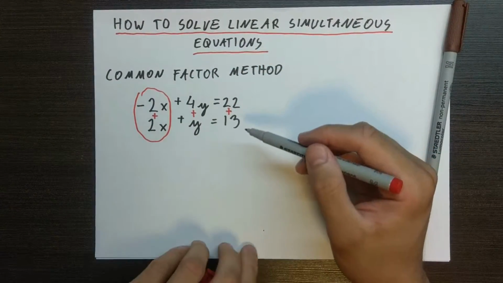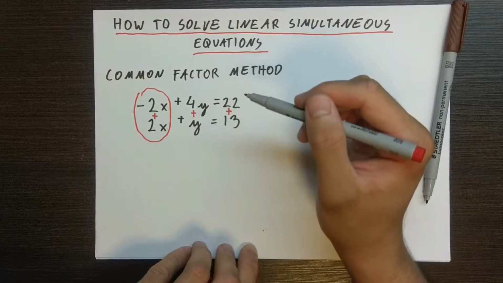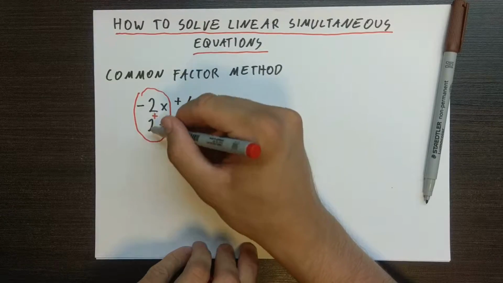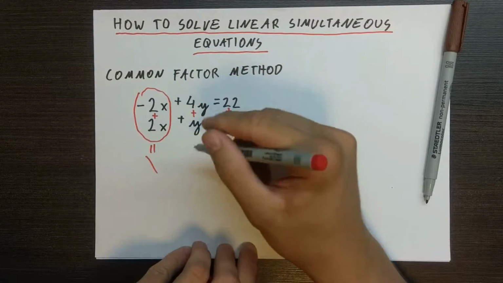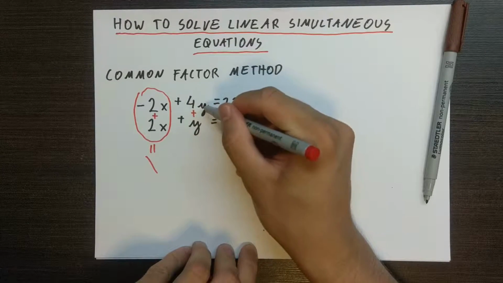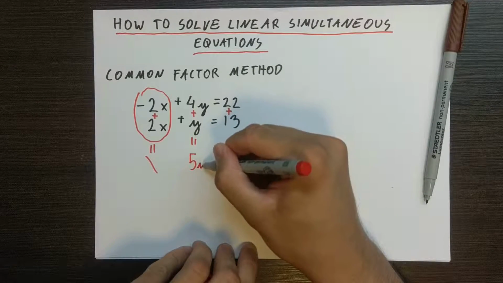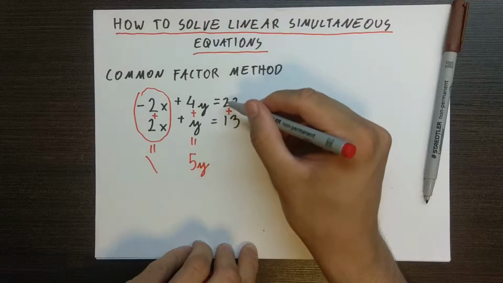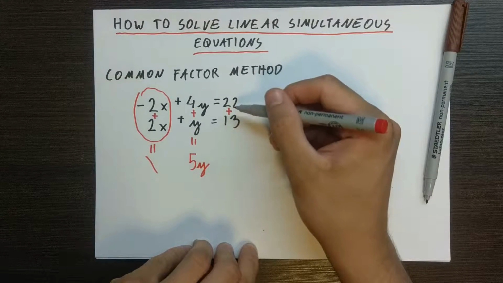Okay. So, if we add these together, we'll get one big super equation. So here we have 0, nothing. Here we have 4y plus y, so here we have 5y. And here we have 22 plus 13. So what does that make?